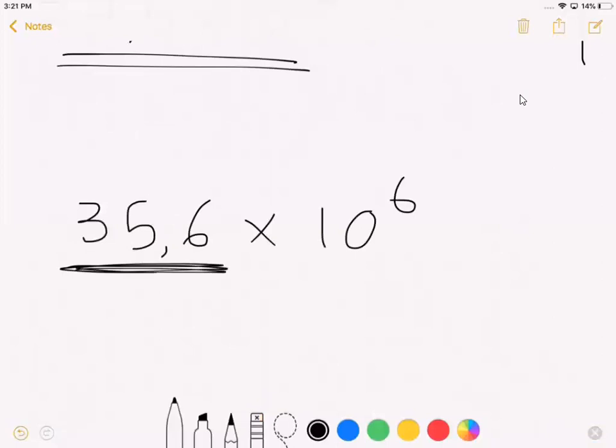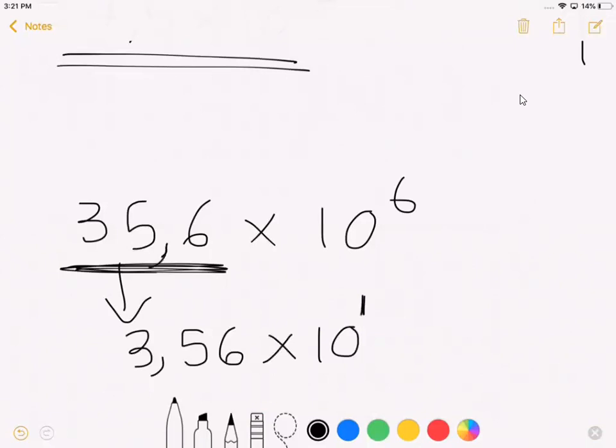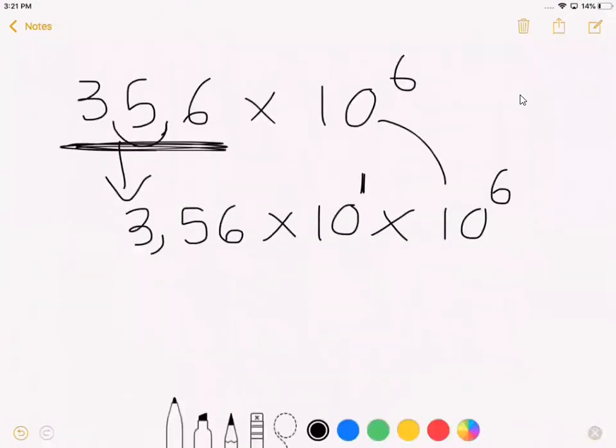So I will need to change it to standard form. What do you get? You get 3,56 multiplied by 10 to the power of 1, because the comma you've moved one place to the left. Multiply by, I bring this one down, which is going to be 3,56 multiplied by 10 to the power of 7.